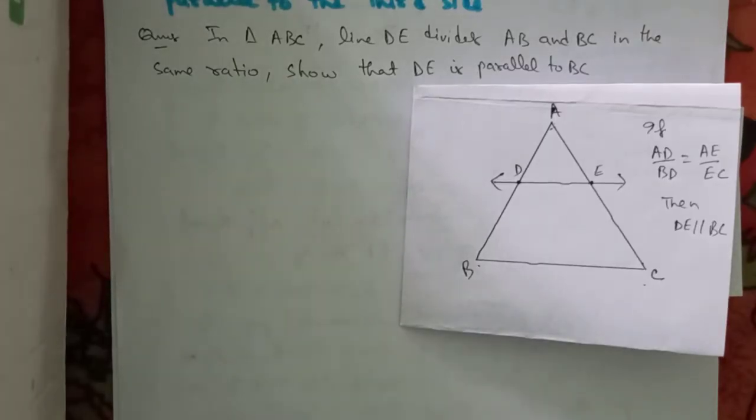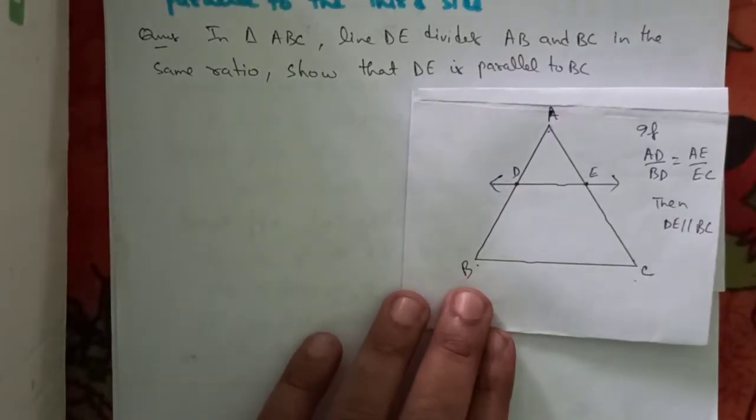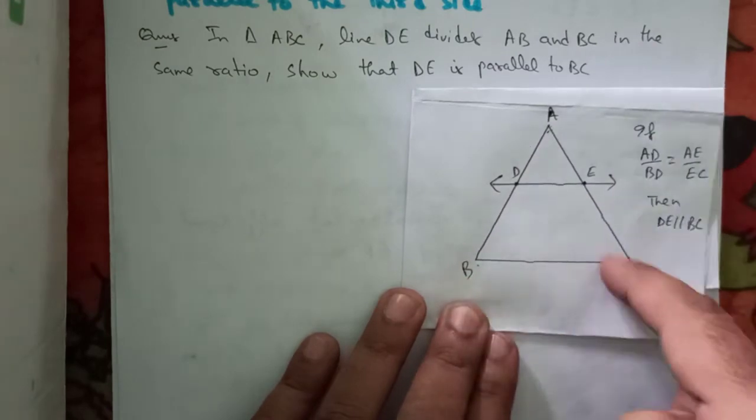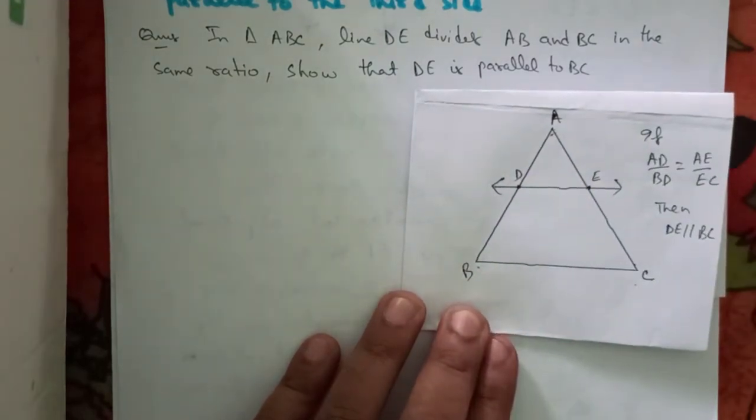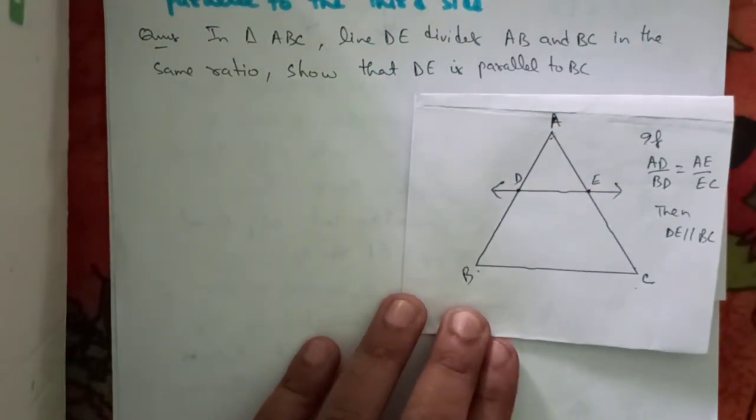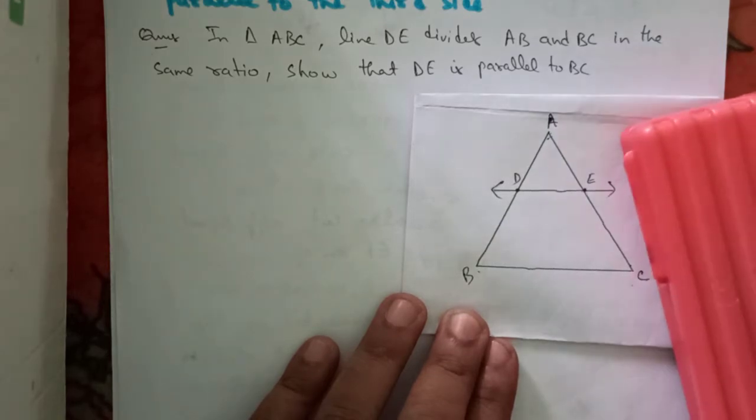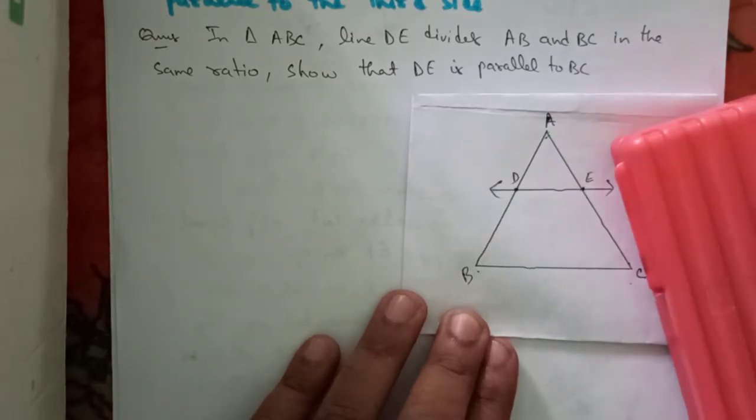This is the question: in triangle ABC, line DE divides AB and AC in the same ratio. Then show that DE is parallel to BC.